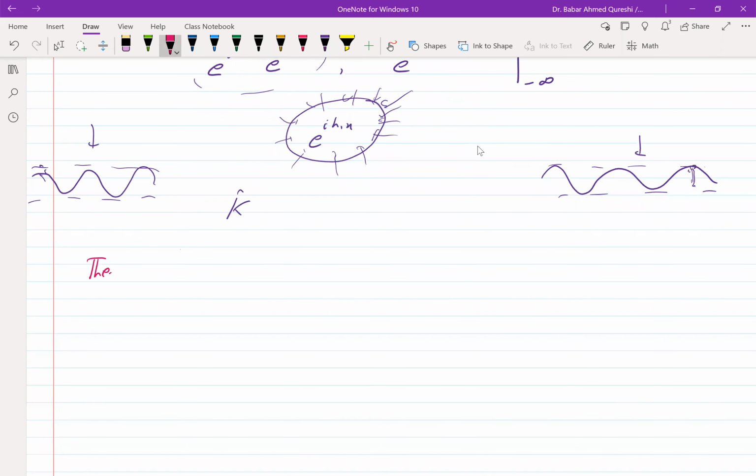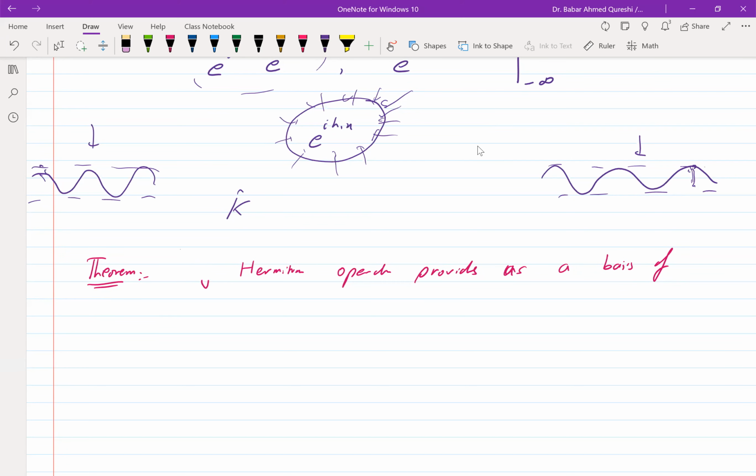The theorem was: any Hermitian operator has a basis, I shouldn't say has a basis, any Hermitian operator provides us a basis of its eigenvectors.